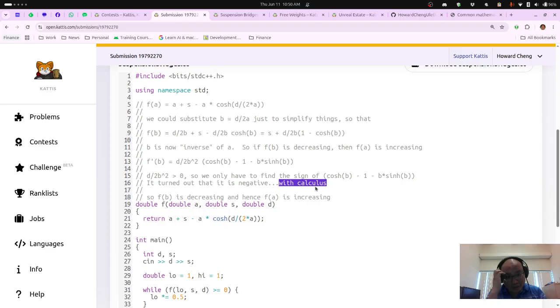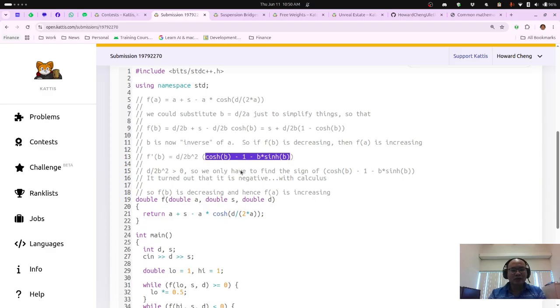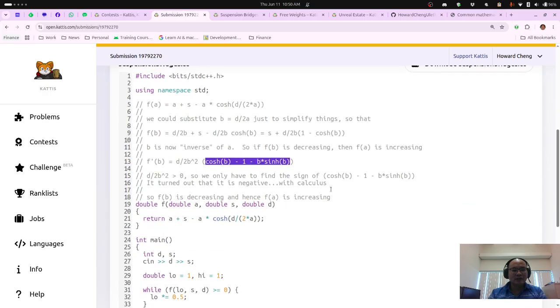There are different ways: one is using Taylor series, and the other is to try a few points, see that it's negative, and also make sure that the derivative of this thing is never increasing, and so on. There's some calculus involved, or you can just plot it and guess.